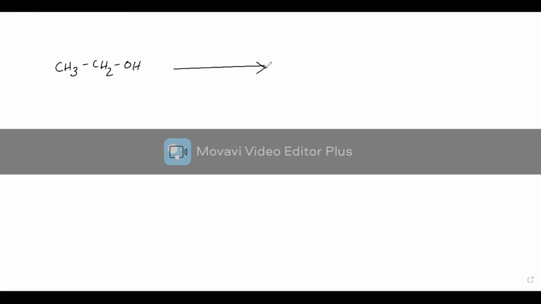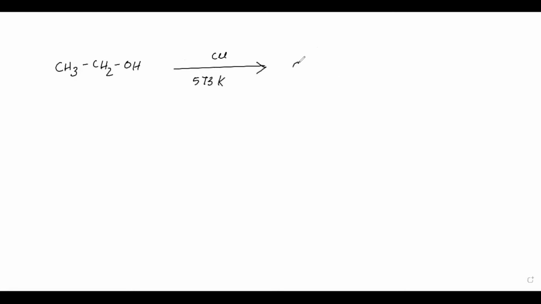So it will be like when the primary alcohol, CH3CH2OH, is vaporized in the presence of copper at 573 Kelvin, we get the aldehyde CH3CHO plus what should be the byproduct?